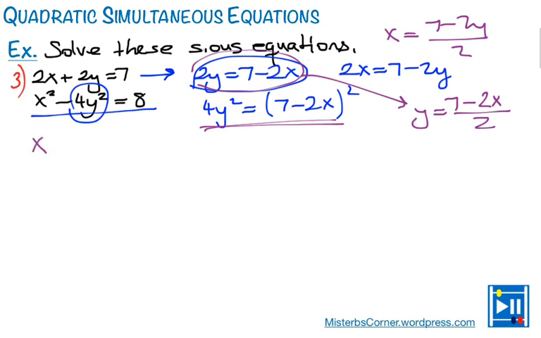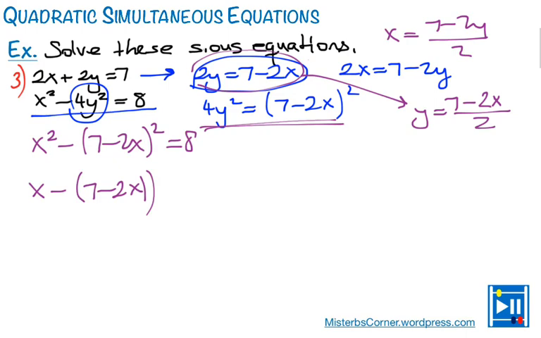So it's going to be x squared minus 7 minus 2x squared, which is 8. Well, this is a difference of squares, as you can see. So it's x minus 7 minus 2x in brackets times x plus 7 minus 2x in brackets, which is 8.